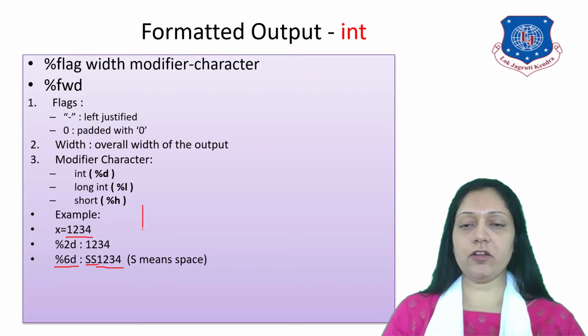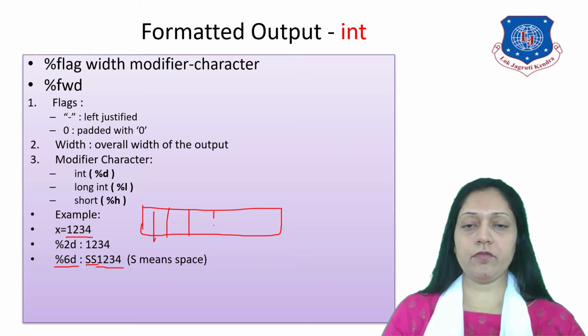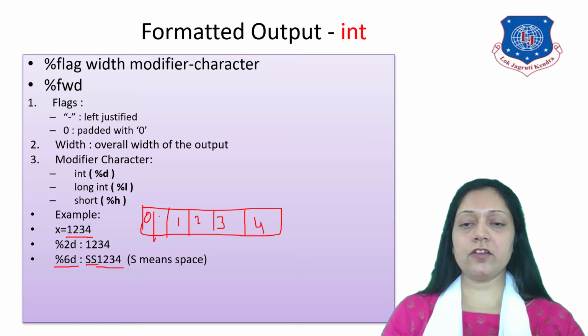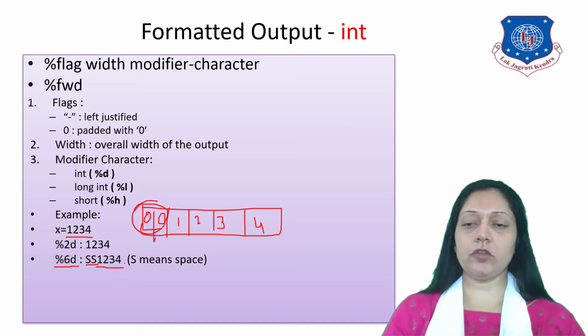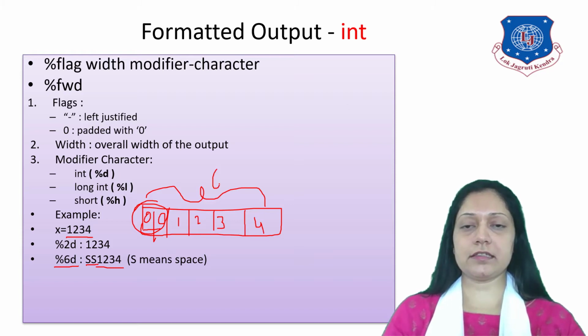These extra 2 spaces are displayed on the screen because the total width for displaying this number should be equal to 6.